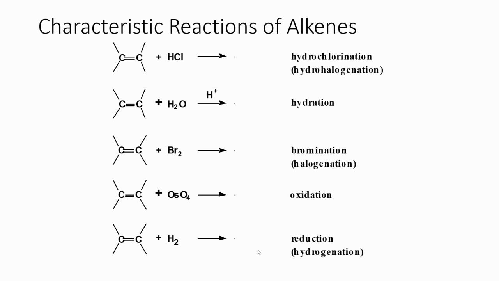We can observe hydrohalogenation, and this could be with hydrofluoric acid, with hydrochloric acid, hydroiodic, hydrobromic acid, even sulfuric acid, where the species being added is really the hydrogen sulfate.